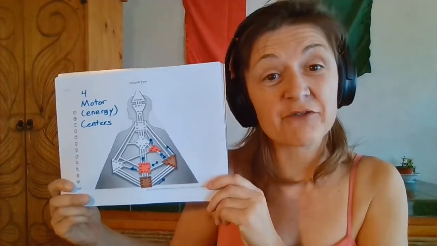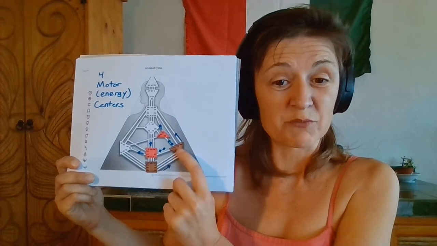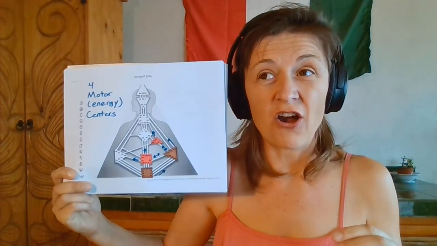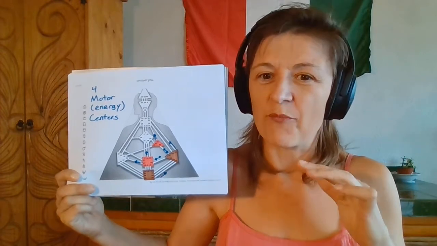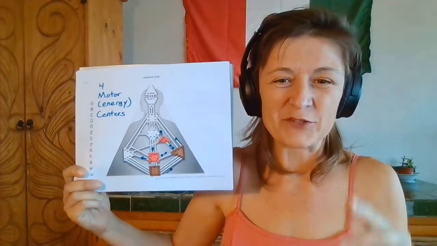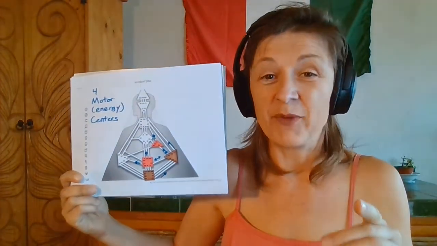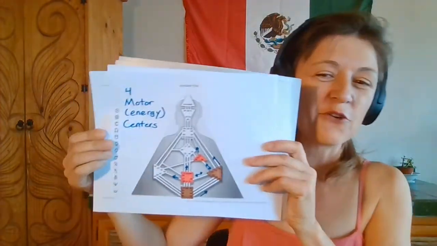And the body graph has 4 motors. The root motor, the solar plexus motor, the sacral motor, and the ego motor. They are sources of energy to get things done. They operate really differently. I'm not going to go into the details of that because you don't need to know that to understand basic manifestor mechanics. But the Living Your Design course, this is what we learned, right? Okay, so 4 motors.